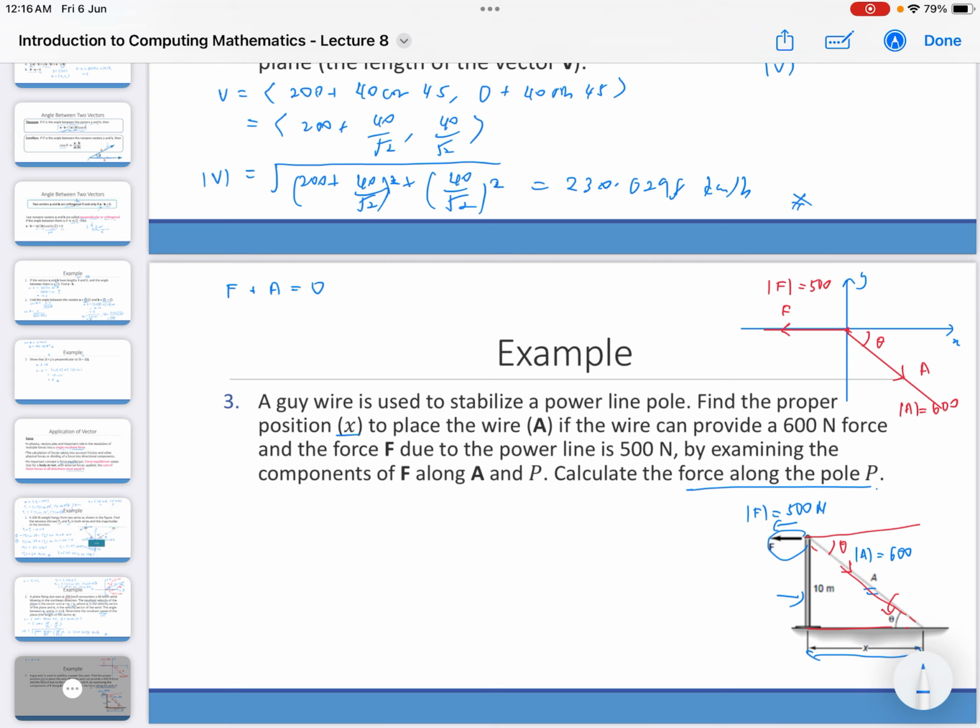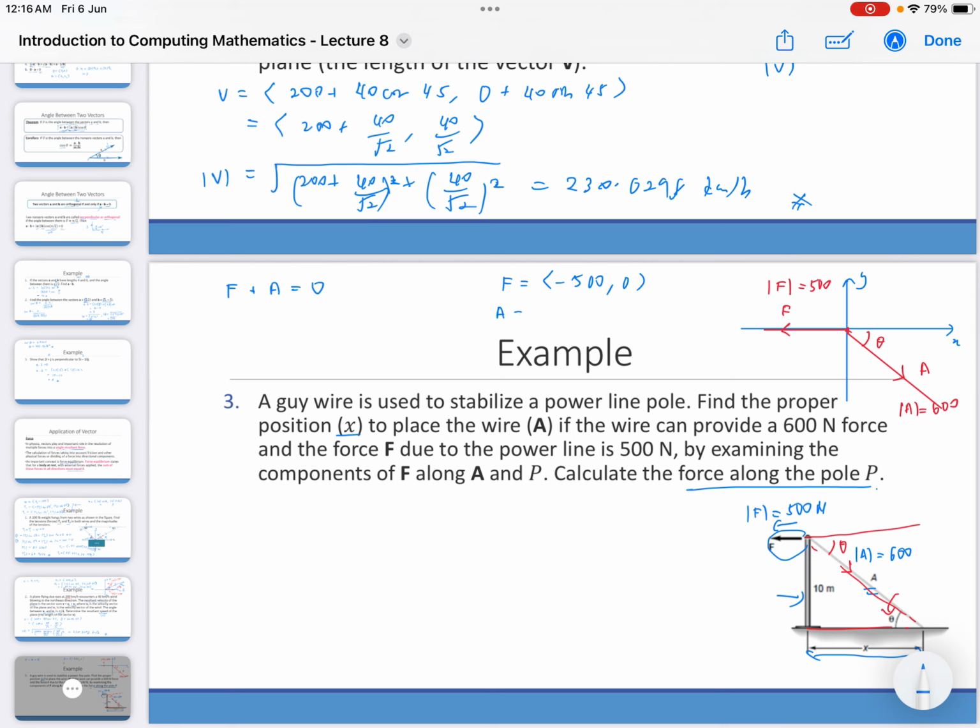Now first we have to identify the vector components for F and for A. The vector component for F has only the horizontal component, so the horizontal component will be negative 500 because it points towards the negative x-axis, and the y component will be 0.